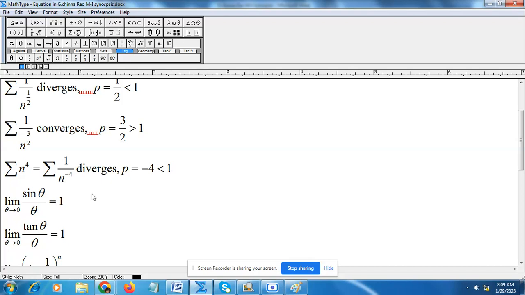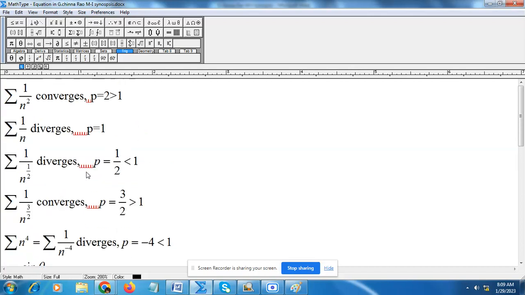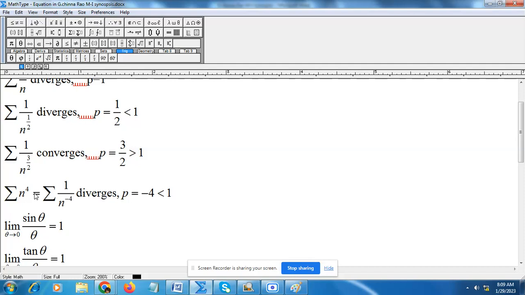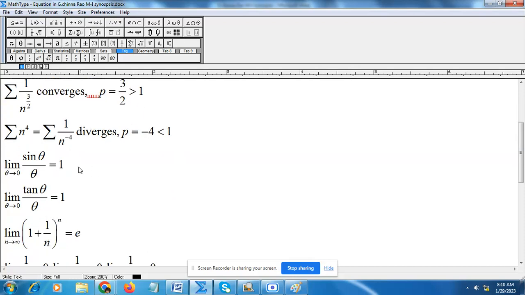If the p value is less than 1 or equal to 1, then it diverges. Sigma 1 by n power p converges if p is greater than 1 and diverges if p is less than or equal to 1. Right.